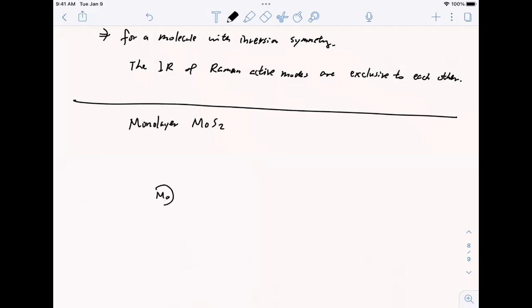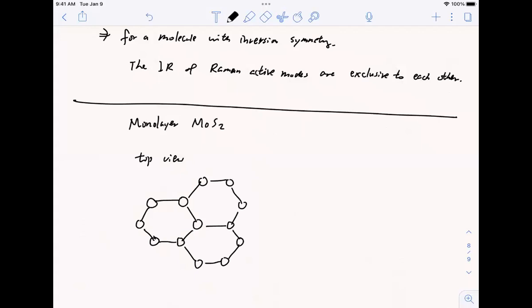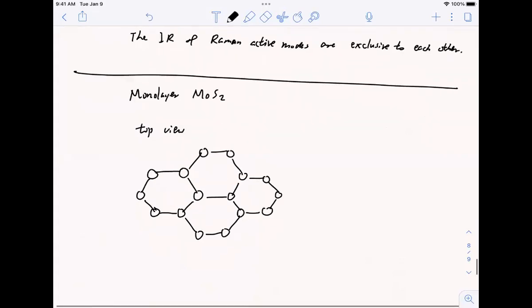You have the Mo atom, and the top view is something like this. The top view is like a piece of graphene, and the side view is for every Mo atom.